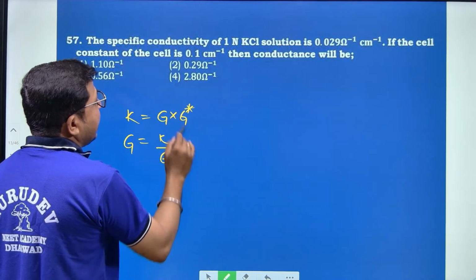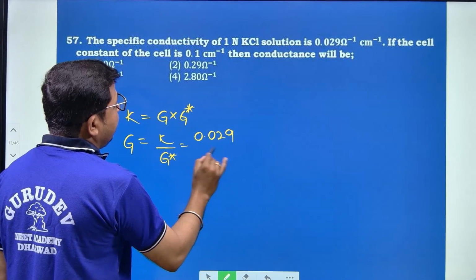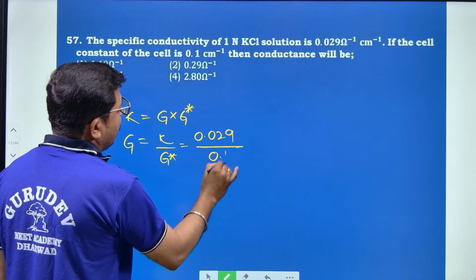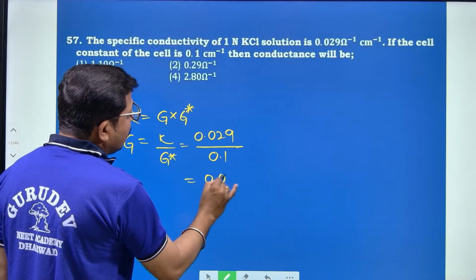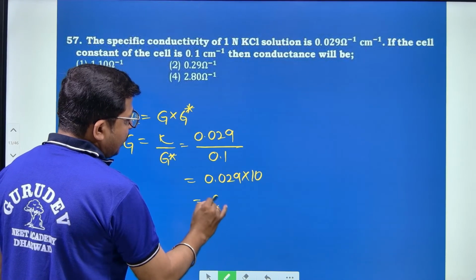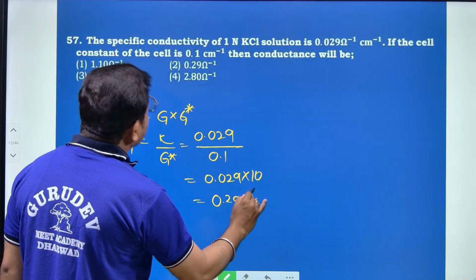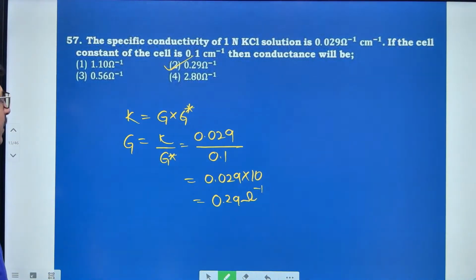So K is 0.029 per ohm divided by G star, 0.1, and this will become 0.029 into 10, which becomes 0.29 per ohm. The answer is 0.29 per ohm, option number 2.